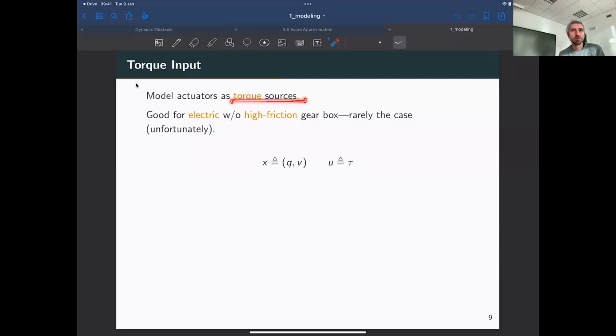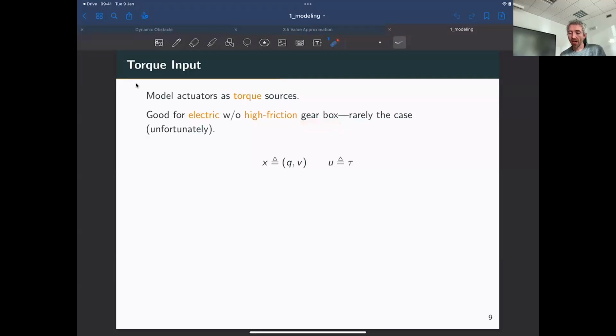I say torque because actuators are typically for revolute joints, so they need to provide a moment, not a linear force. But if you had a prismatic joint, this would be a force, of course. So this is good for electric motors without high friction gearboxes. So this is something I already mentioned when talking about the hardware design of modern quadruped robots.